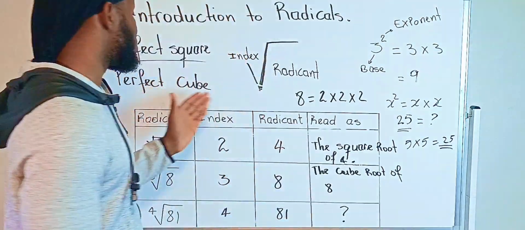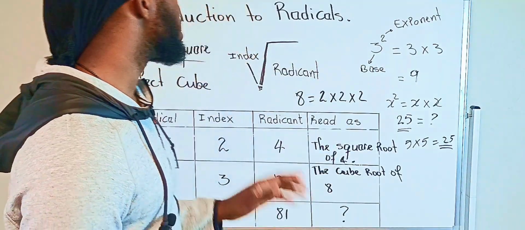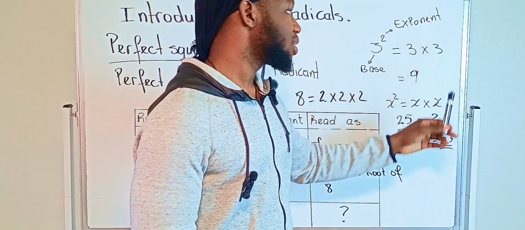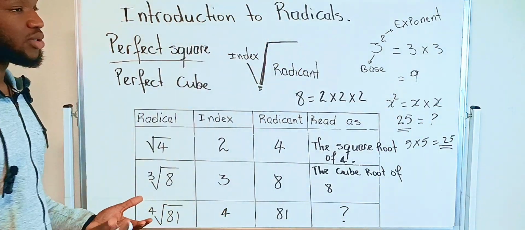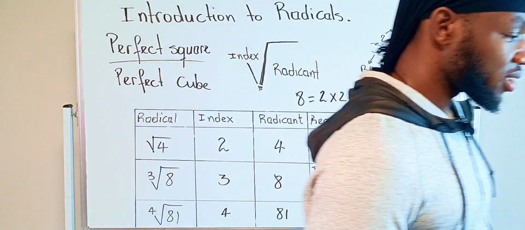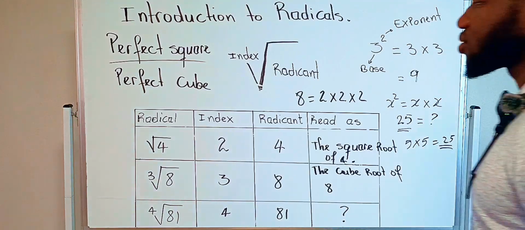This is the reason why I brought up the exponent recall, because I want you to understand that the exponent is the number of times the base is used as a factor.